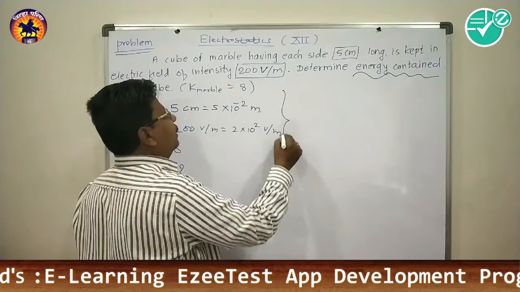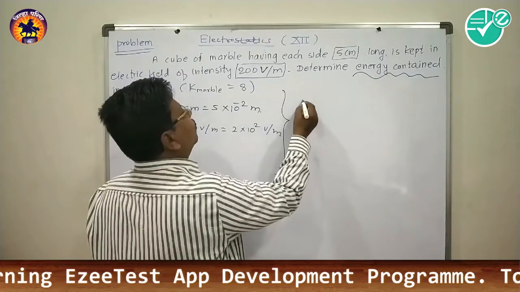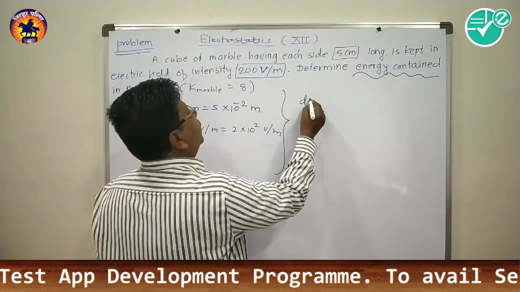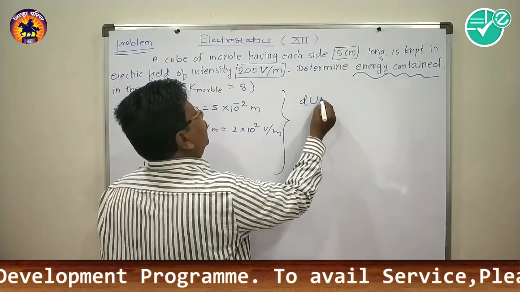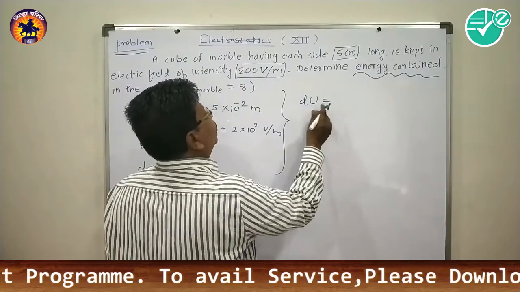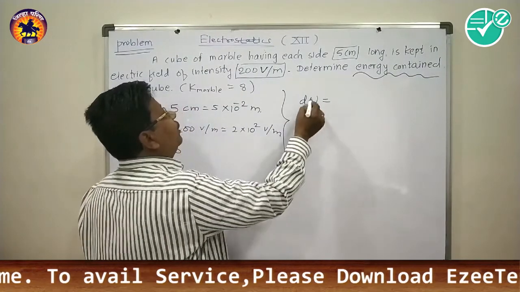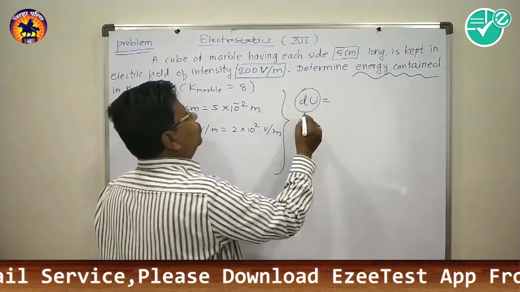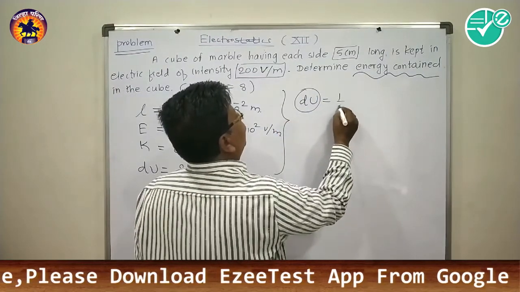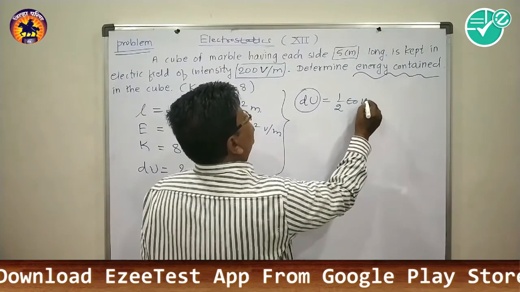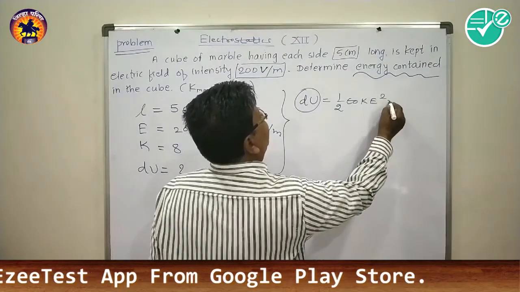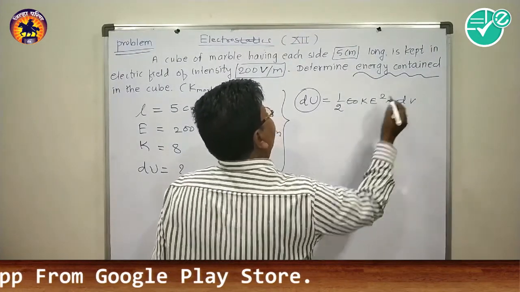And here we have to use the formula energy density per unit volume, which is du by dV, but we have to calculate du, so du is equal to 1 by 2 epsilon 0 K E square into dV.